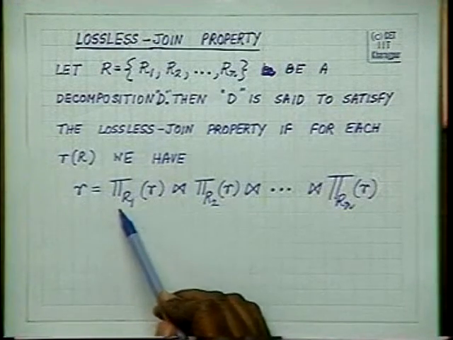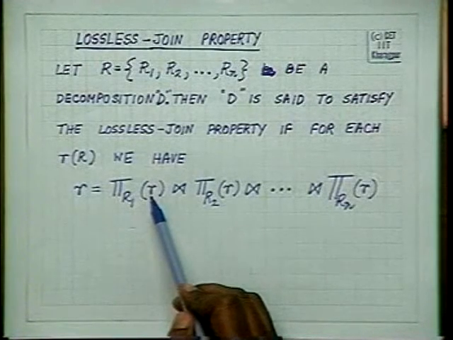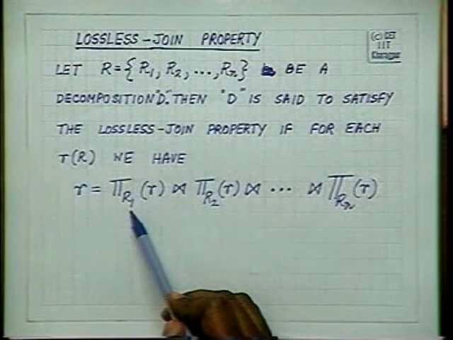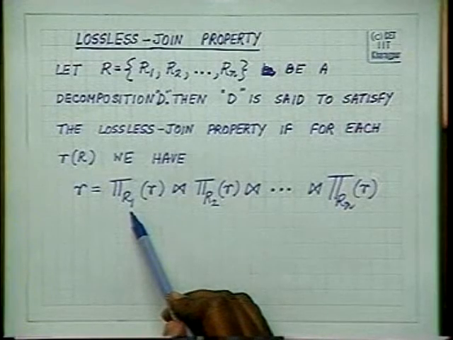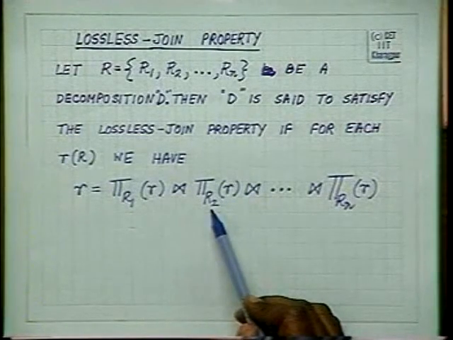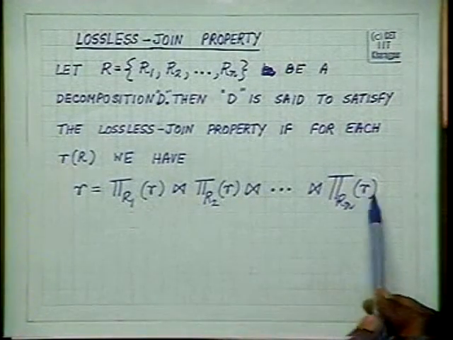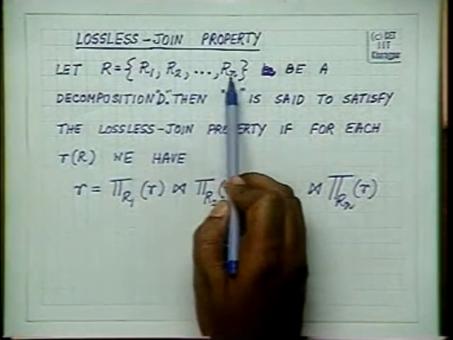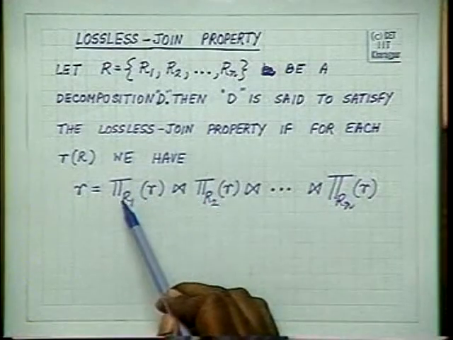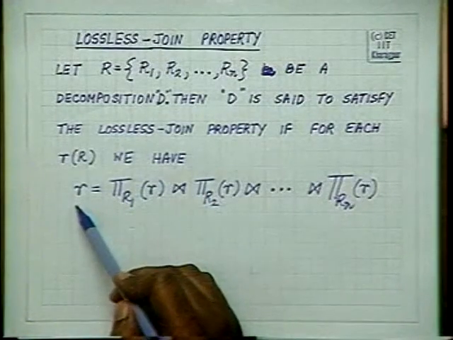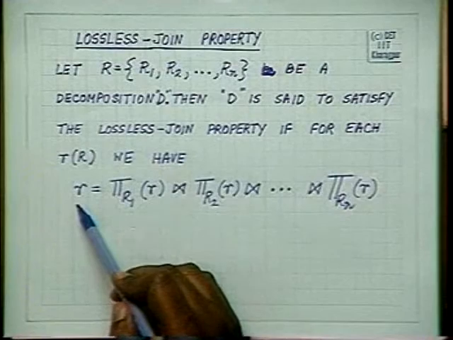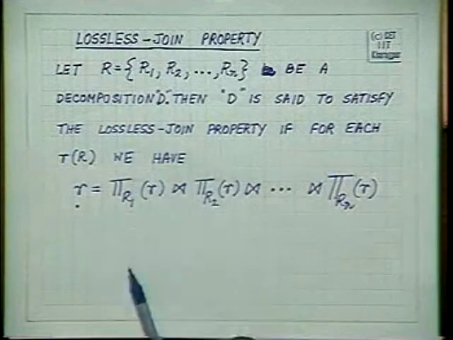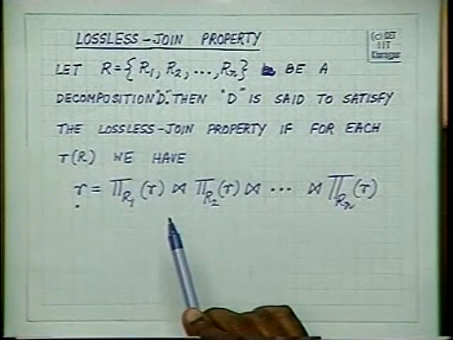R is equivalent to the natural join of the subschemas. You project out the R1 attributes by decomposition, you project out the R2 attributes, and so on, you project out all the attributes Rn based on this decomposition that you have made, and take a natural join. You should get back the original relation. It is only then that this decomposition is said to satisfy the lossless join property.